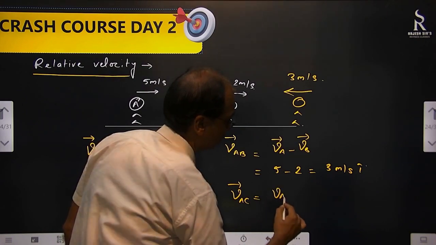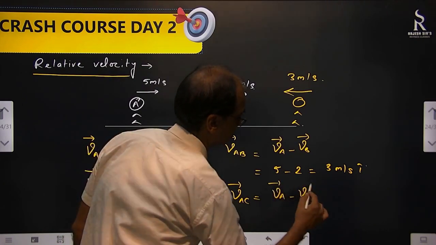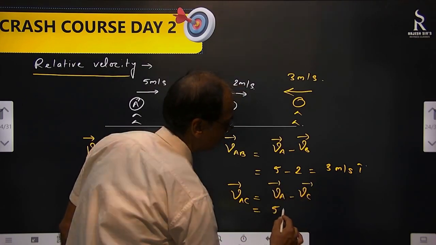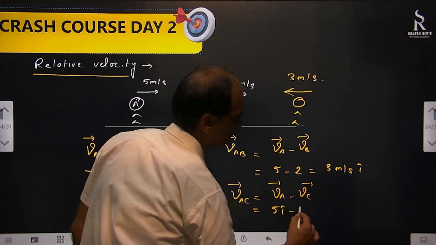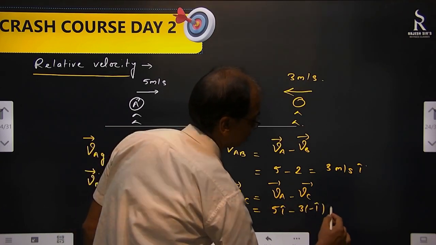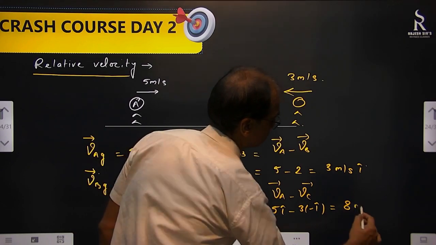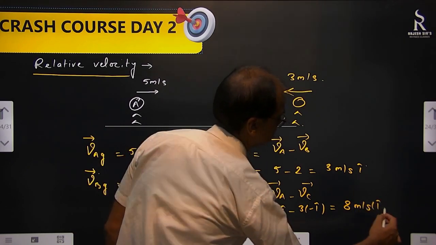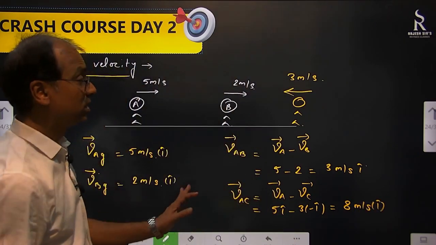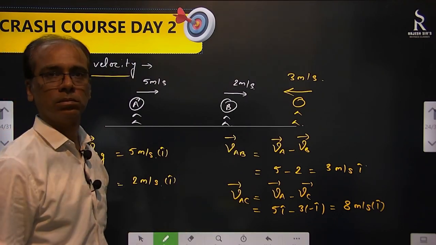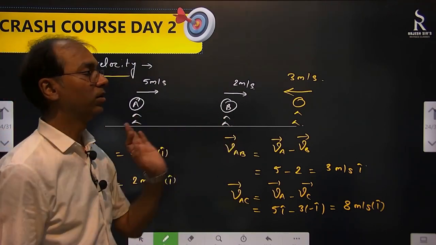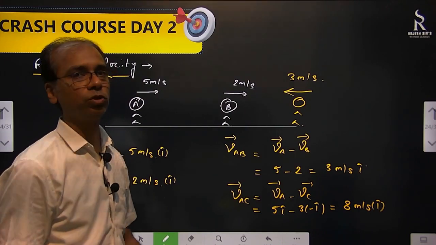This is VA minus VC. What is VA? 5. What is VC? 3 minus I cap. What did it become? 8 meter per second I cap. This is relative. This is the meaning of relative. This you should be using.